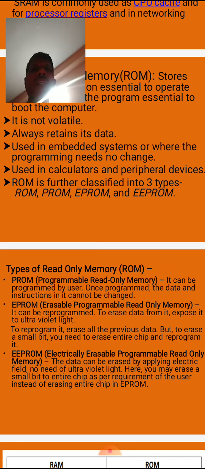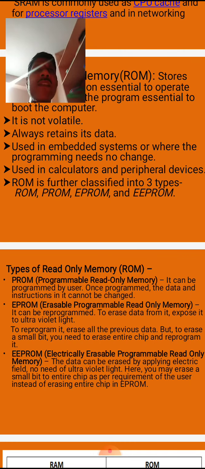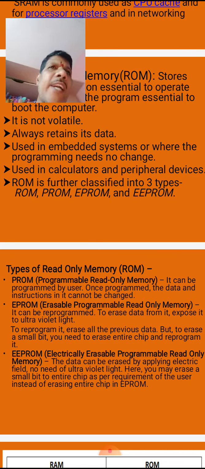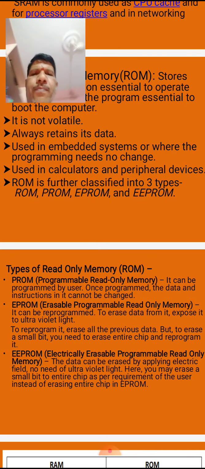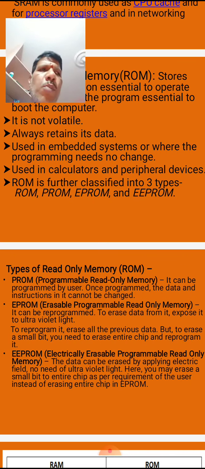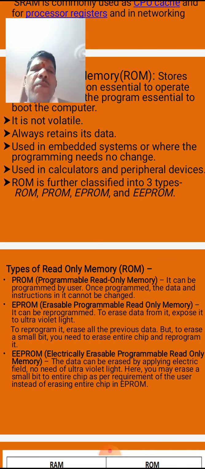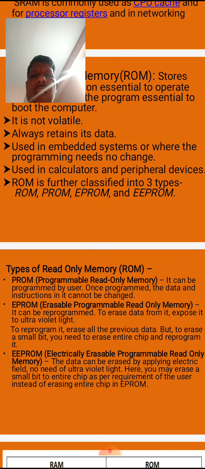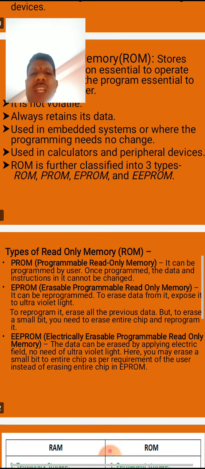But here also one disadvantage is there: if you want to erase a small bit, you have to erase the entire chip. Erasing is possible, but you can't erase a small bit. Instead, you erase the entire chip and again write the programs on it. That is about the EPROM.